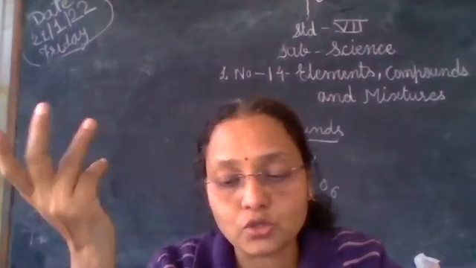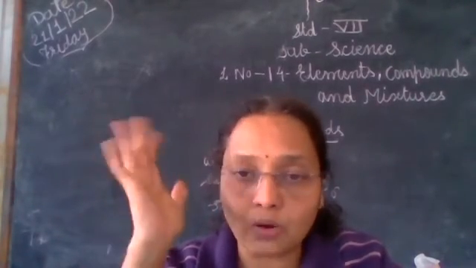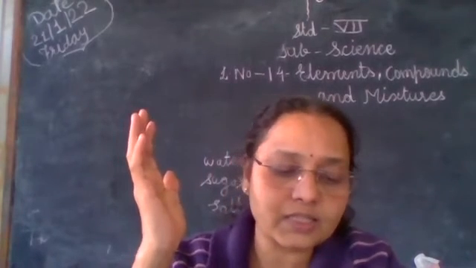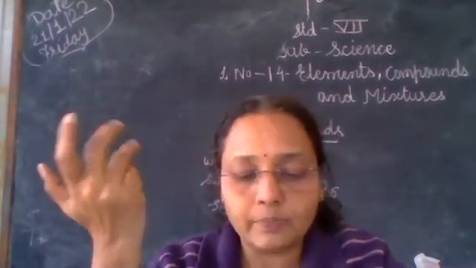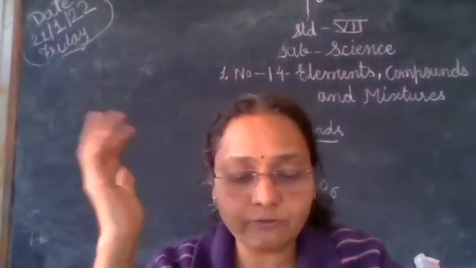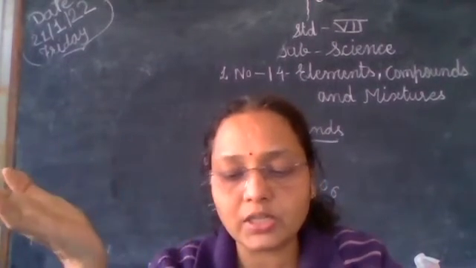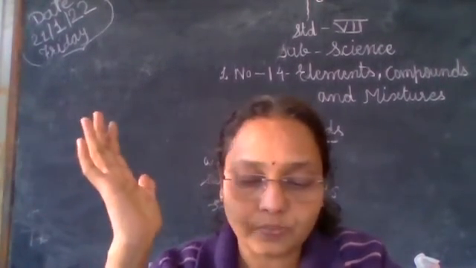And a mixture consists of two or more different elements and or compounds. Then elements can exist either as atoms or in molecule form. Then in compounds, the basic properties are different from its constituent elements, and mixtures retain many properties of their components.